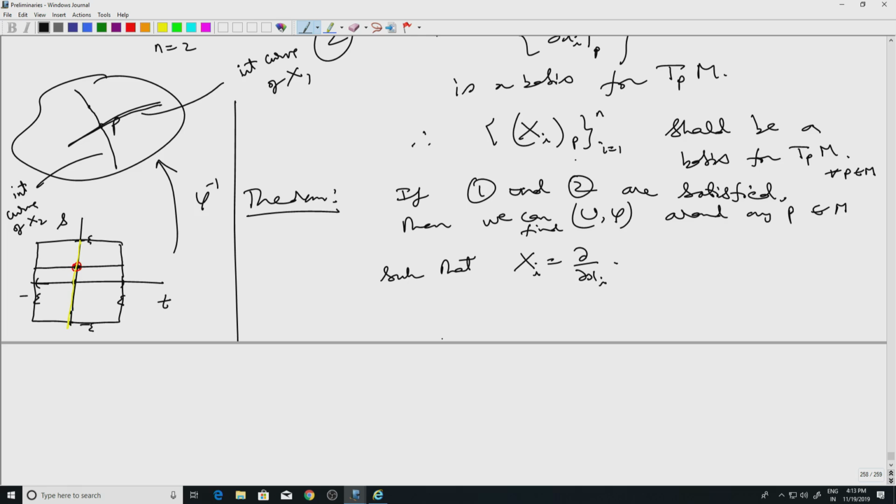Once I have the integral curve of x2, I can try to fill out, see where all elements of the square go to, because I just look at the horizontal line passing through that. So then map this to the corresponding integral curve of x1 passing through this point. So this is also an integral curve of x1.